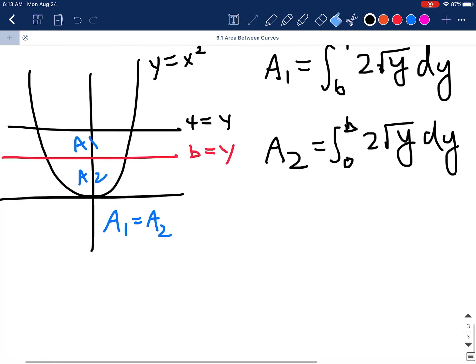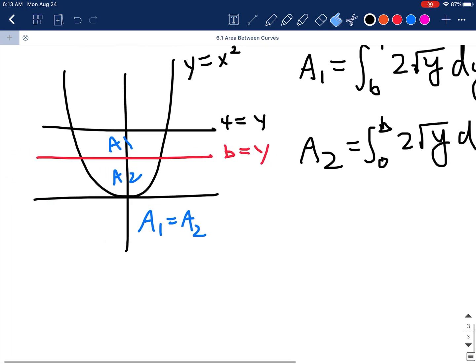For the function of x, let's see. So we would have area 1 would be the integral from, from where to where? Here's where we get a little bit tricky.